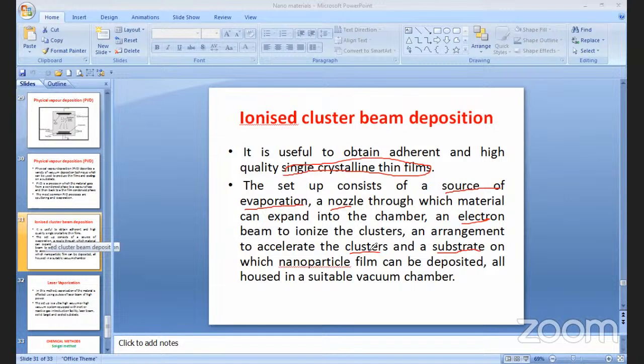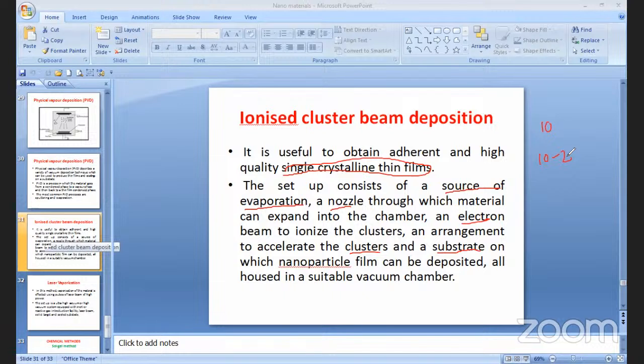And after that, the small clusters from molten material are expanded through a fine nozzle. In this one, the vapor pressure which we apply will be in the order of 10 to 2 torr, which will be created in the source.